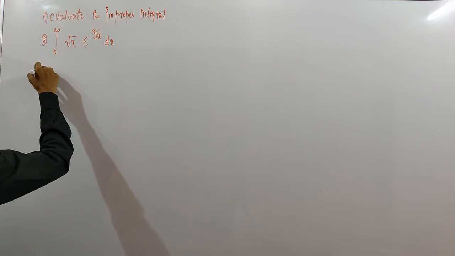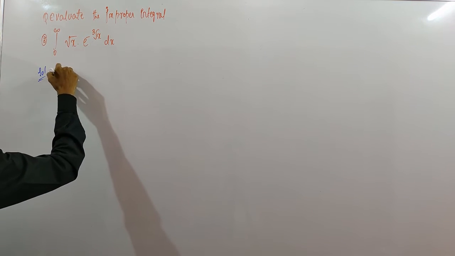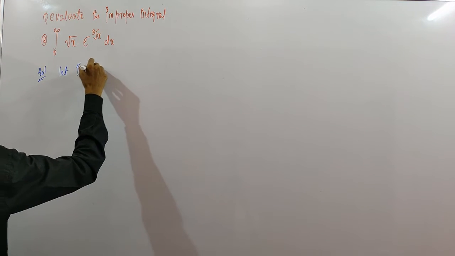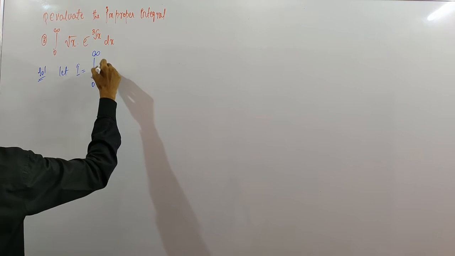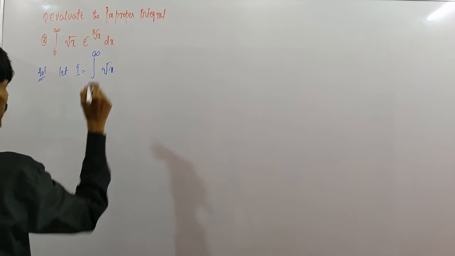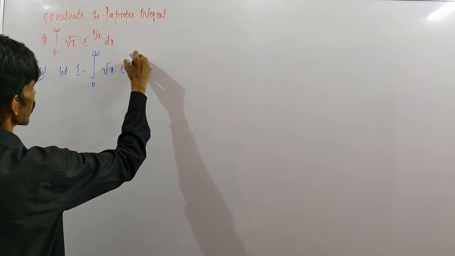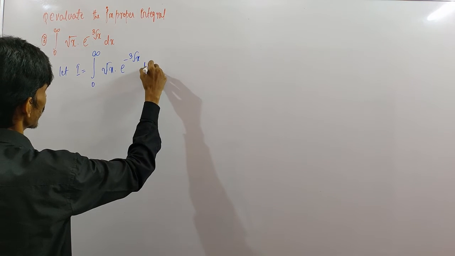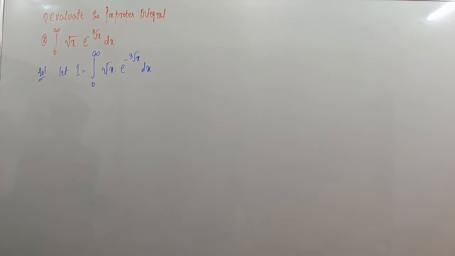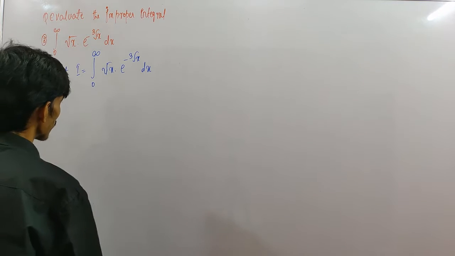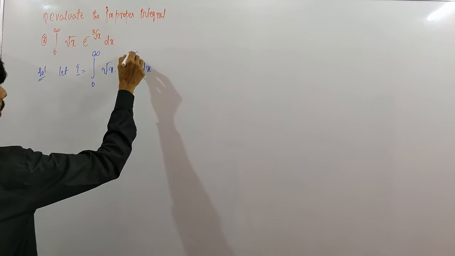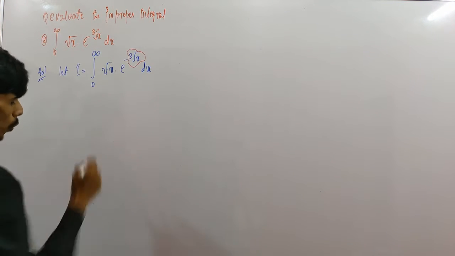Let us solve this integral. Let I is equal to integral 0 to infinity root x into e power of minus cube root of x dx. Here the power of the exponential is cube root of x.